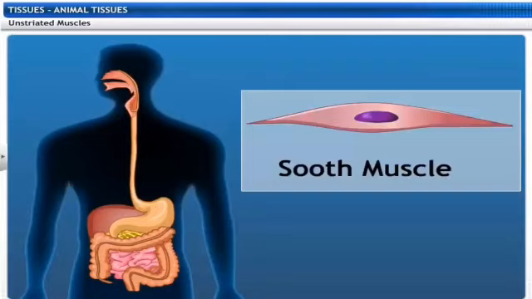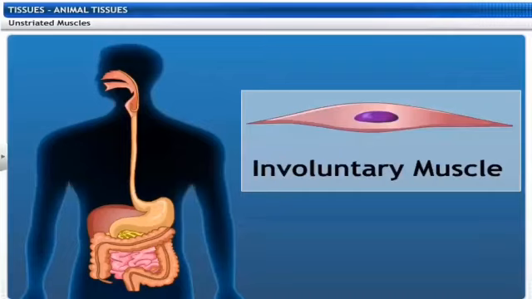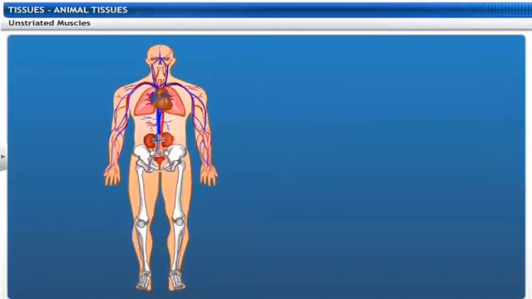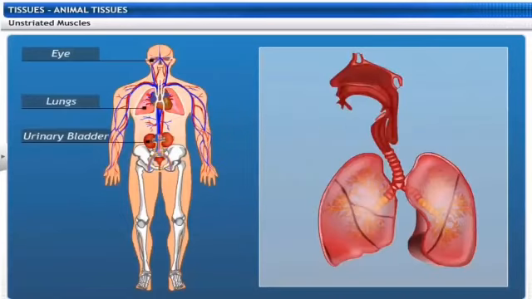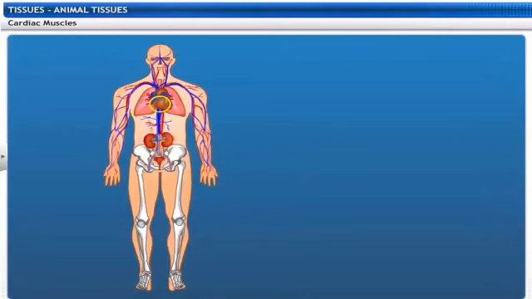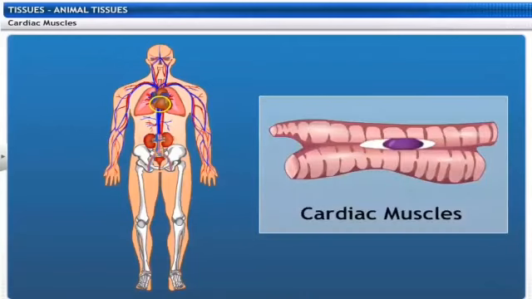Now as there are no striations, they are said to be the smooth muscles. They are also involuntary because the contraction and relaxation occur on their own and are not under our control. They are mainly located at the eye, the lungs, the urinary bladder, and various other locations.